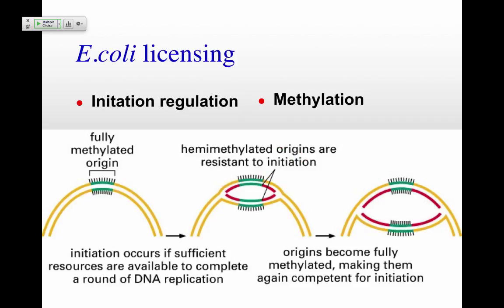Don't bind here again. Don't start replication here again. Wait till it's all done, and then you can start replication again. This is also what's called licensing, and the licensing has to do with this is a license to initiate. So if it's methylated, it can initiate. If it's hemimethylated, it's not going to initiate.